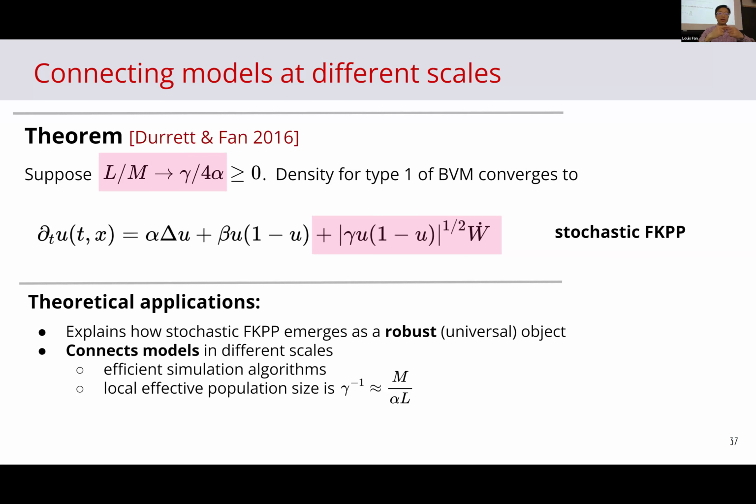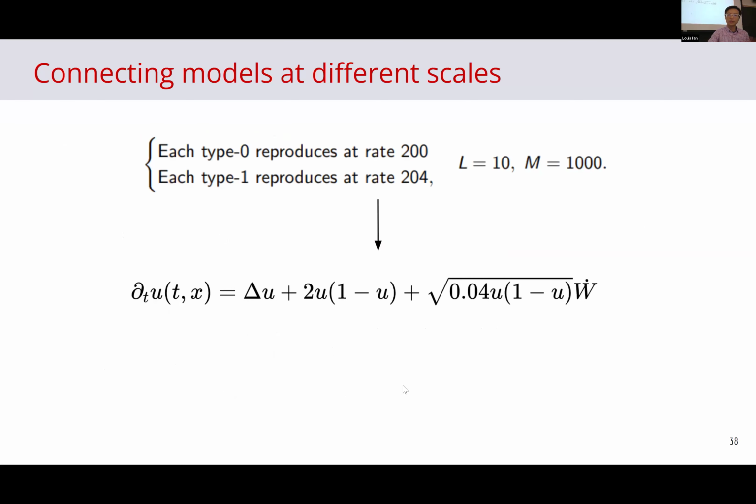A unit interval has L many sites, and each site has M individuals. To summarize, we have a biased voter model, we connect it to a macroscopic equation and connect the parameters correctly in terms of the individual-based model.